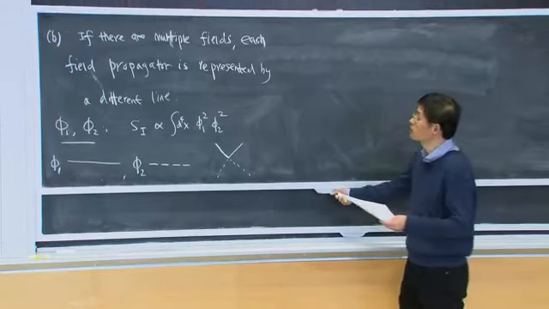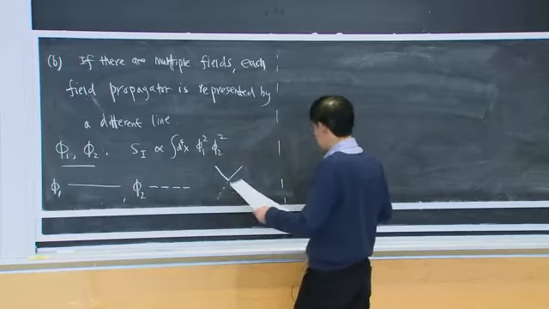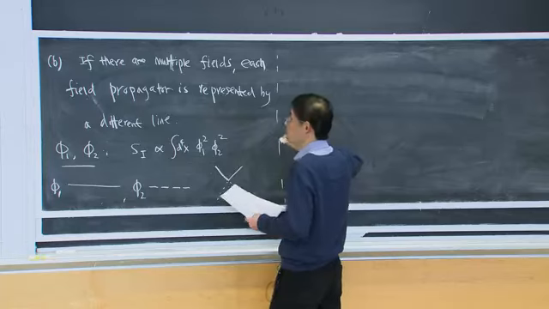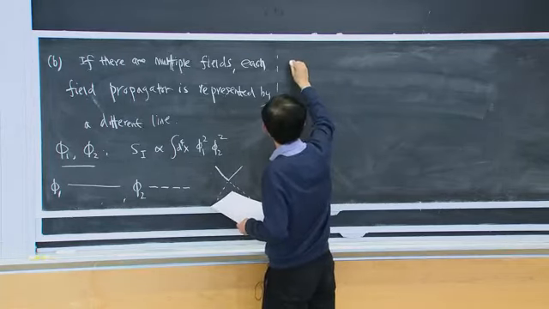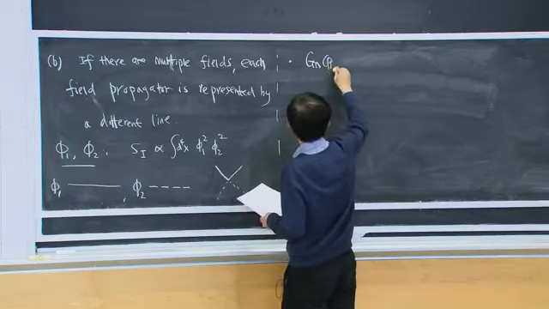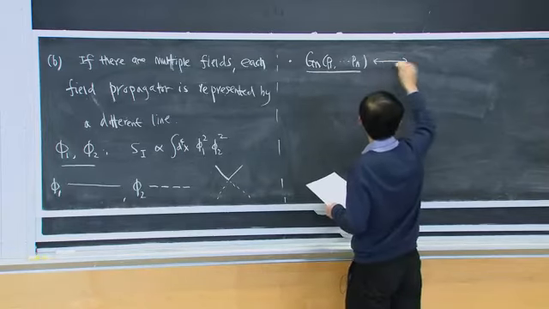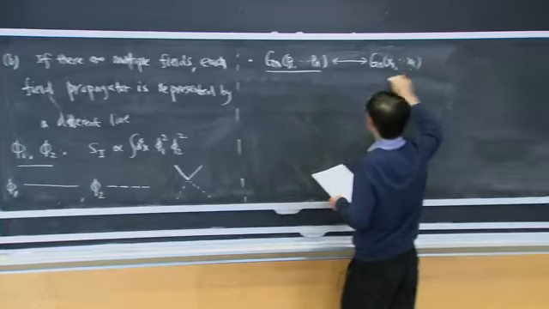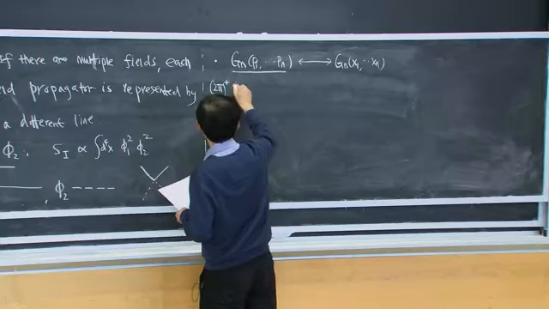Also, one remark I want to emphasize is that in momentum space, this is obtained by Fourier transform of G_n(x1, ..., xn) times the delta function.